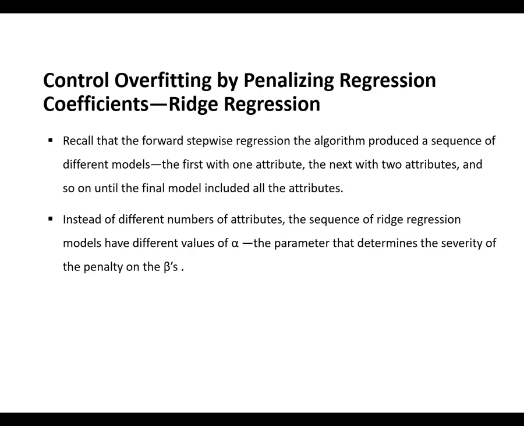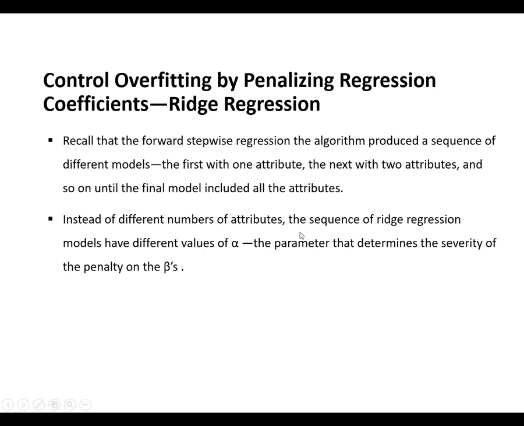Now let us compare this method with the previous methods. In the previous method of forward stepwise regression, the algorithm produced a sequence of different models: first with one attribute, next with two attributes, and so on, until the final model included all the attributes.